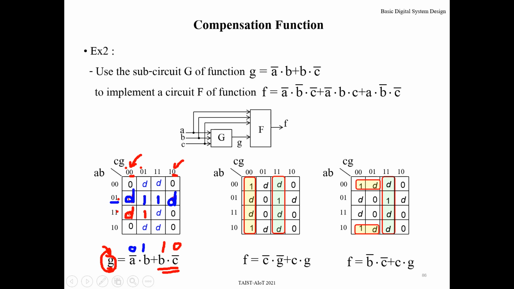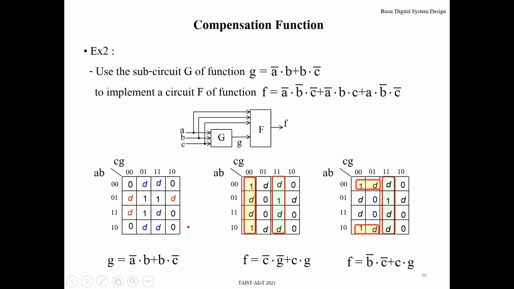Similarly, for another cell based on this equation, it should be 0. Anyway, this column, the value is 1, 1, right? That means this cell cannot be 0. So don't care here, here, here, and here. Then it becomes this table.